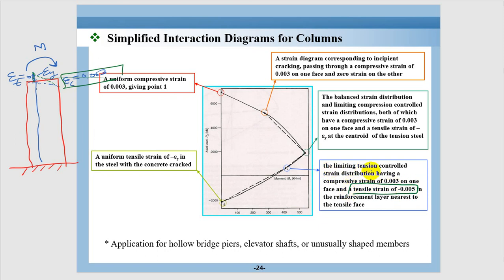So the limiting tension controlled strain distribution has a compressive strain of 0.03, which doesn't change, on one face, and the tensile strain reaches 0.05 in the reinforcement layer nearest to the tensile face. And at this point we don't have any axial load. This is what we learned to construct PM diagrams.